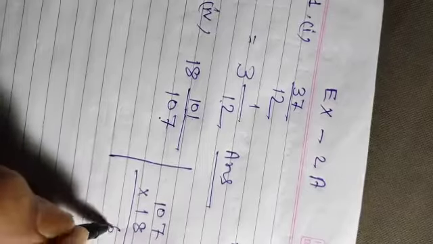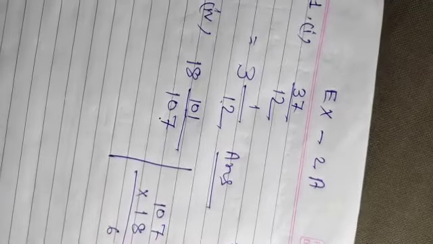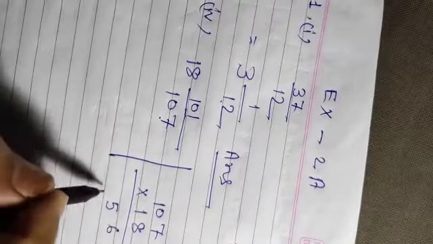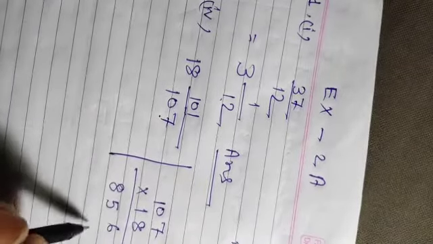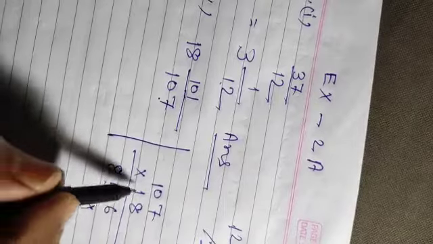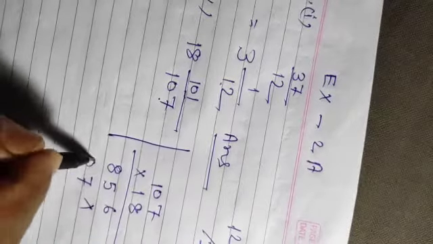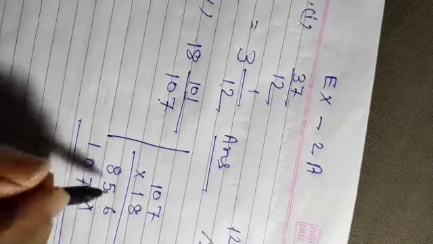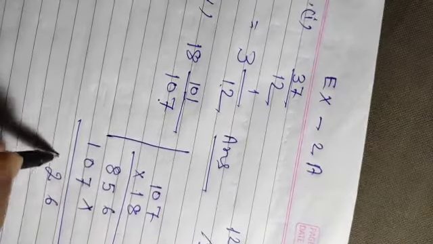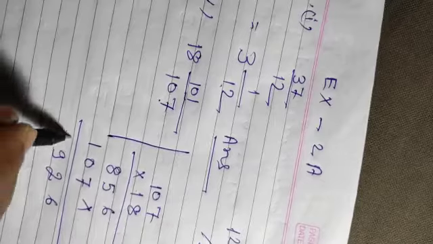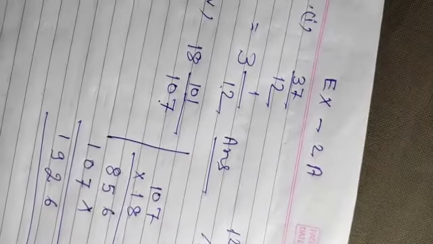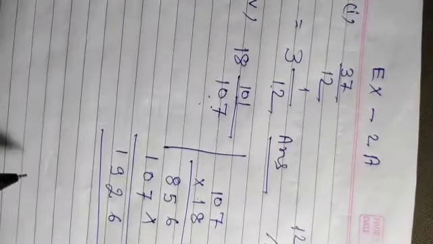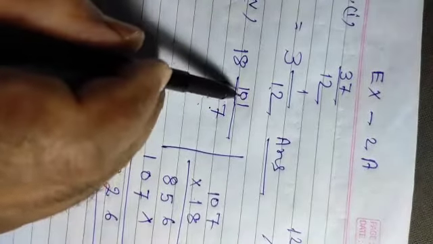8 7s are 56, carrying 5. Now 5, 0 is there and 8 1s are 8. Now 7, 0 and 1. Add it. 6, 12, 8 1 9 and 1. 1926. Now after multiplying it came 1926 and this is the numerator.